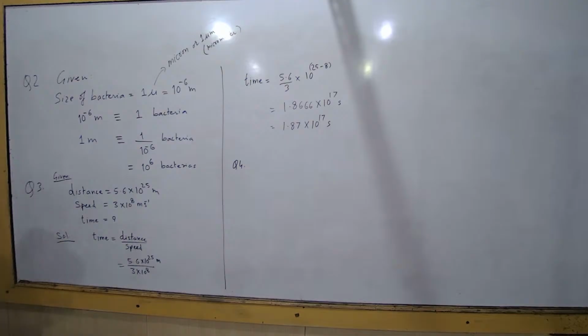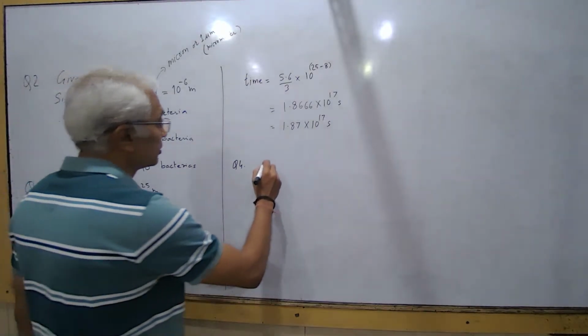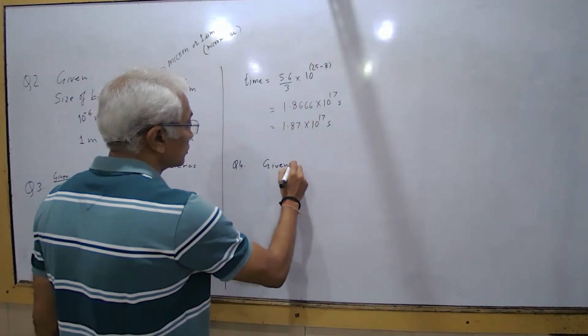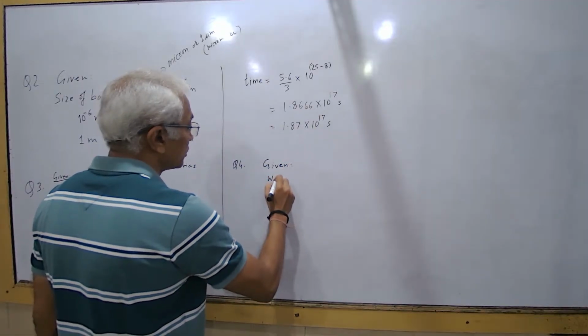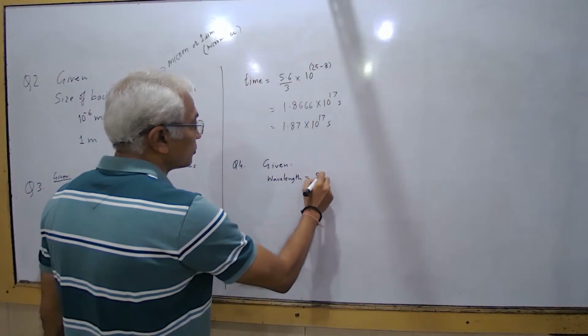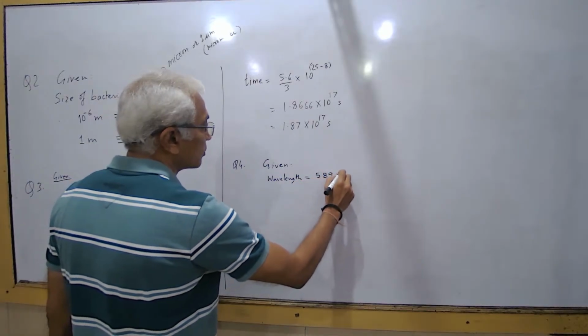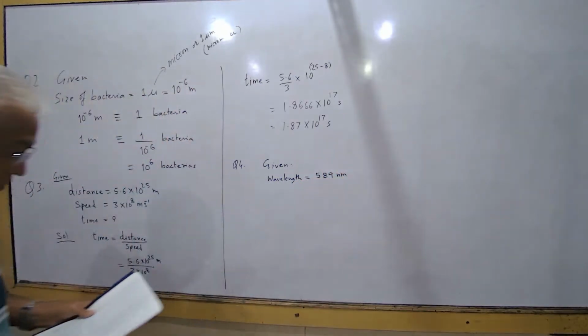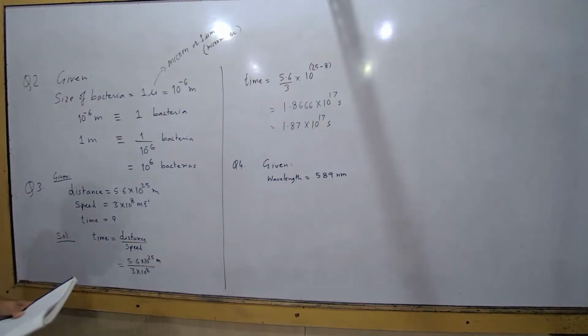Then what is given? Wavelength of light given is 589 nanometer. What is its wavelength in angstrom?